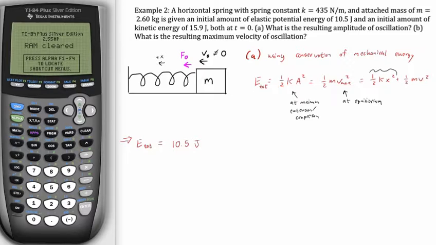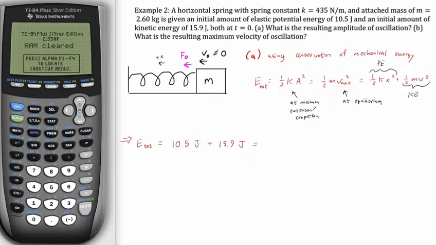Remember that 1/2 kx squared is potential energy, and 1/2 mv squared is, by definition, kinetic energy. So that's our potential, the 10.5. Then we also have the 15.9 joules of kinetic energy. Excellent. And then we want to use that to find the amplitude.